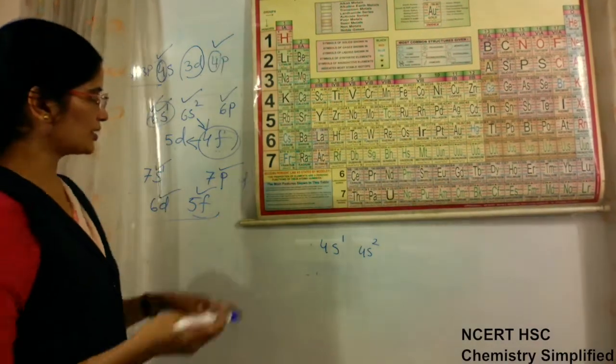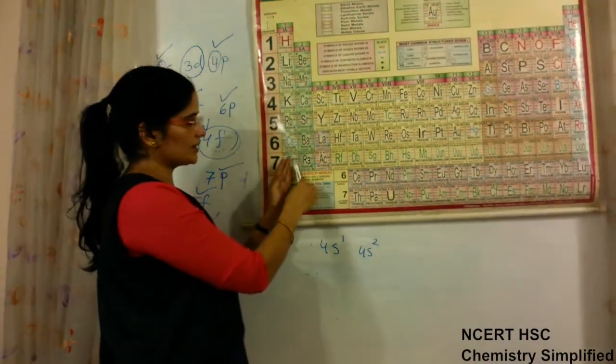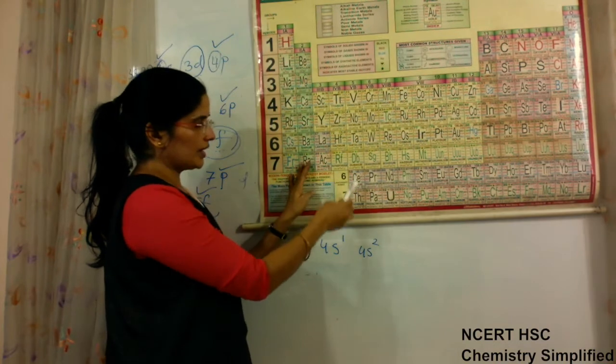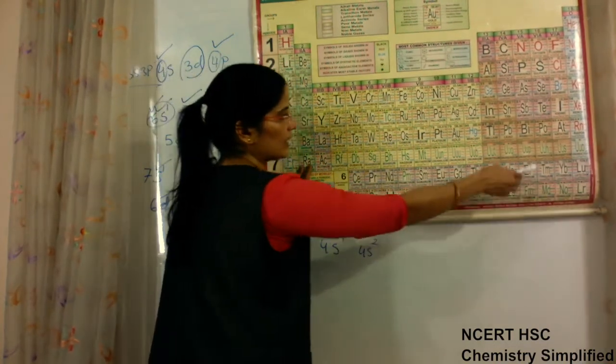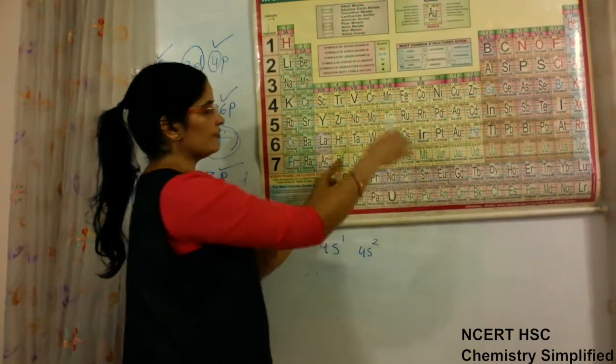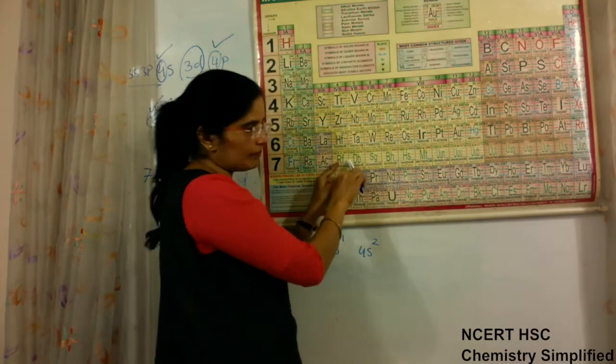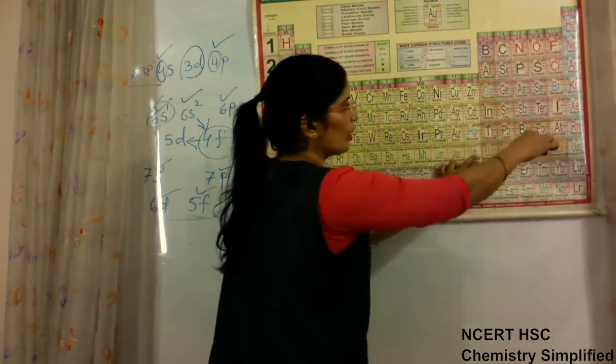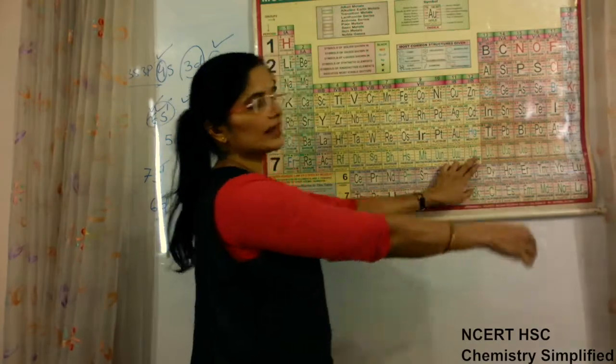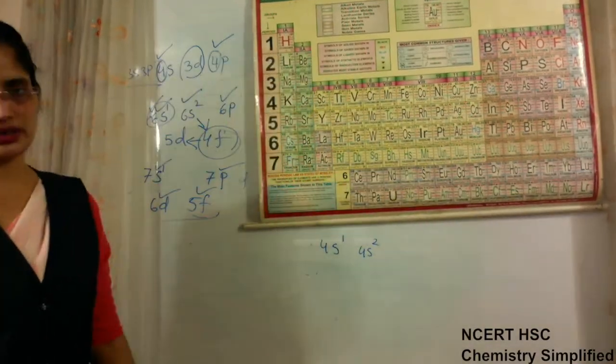According to increasing orders. 7S1, 7S2. Then filling of 5F will take place. 5F is full, then filling of 6D will take place. When 6D is full, then filling of again 7P will take place in the increasing orders. Clear?